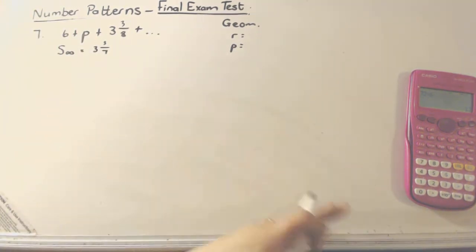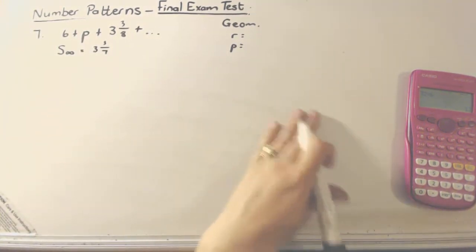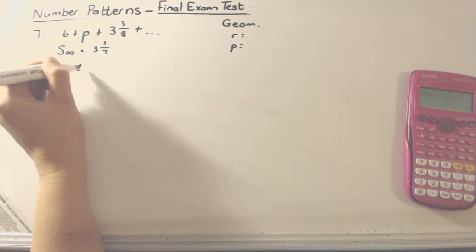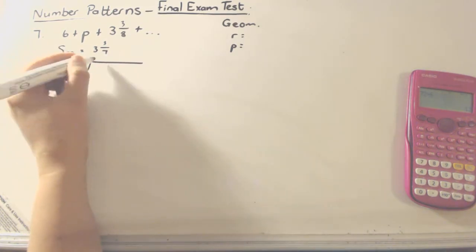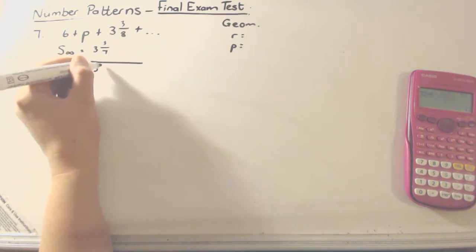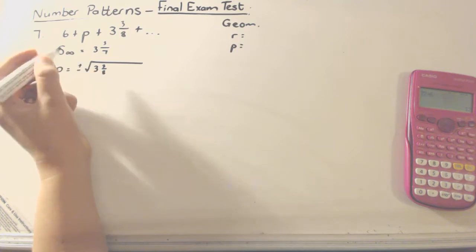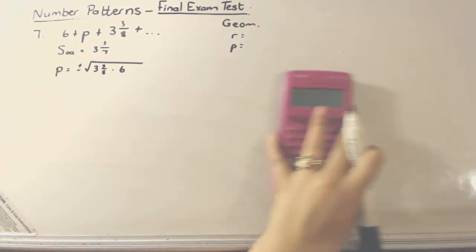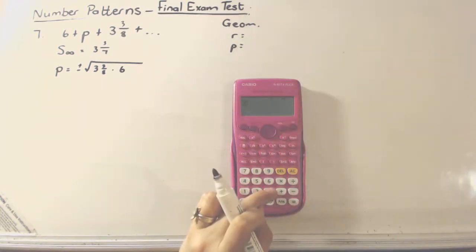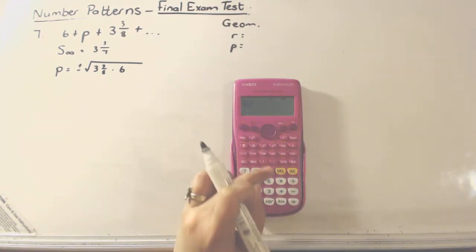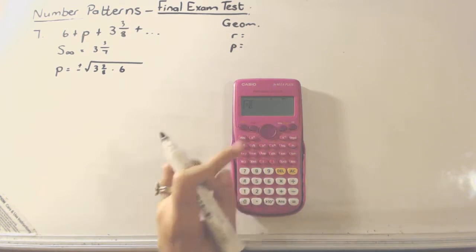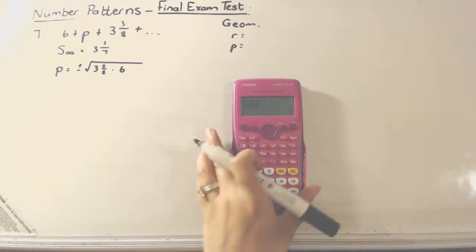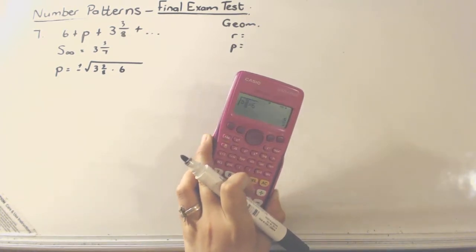All right. Okay. So to find the value of p, there's a formula that you can use, either plus or minus the square root of 3 and 3 over 8 times 6. So the square root of 3 and 3 over 8 times 6 is 9 over 2.